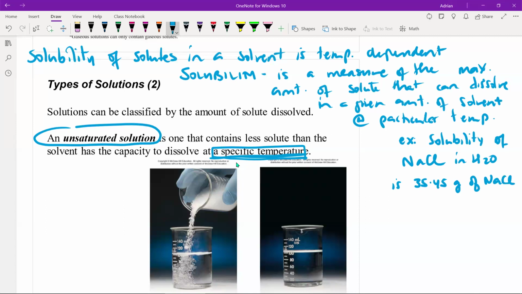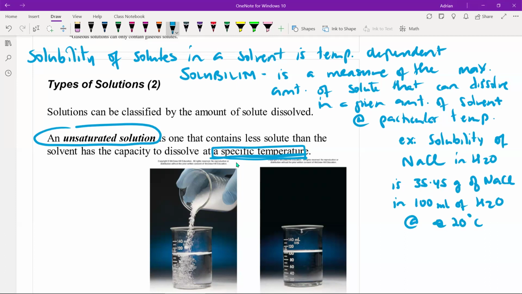We can dissolve a maximum of 35.45 grams of NaCl in 100 grams of water, or 100 mils, so in this case it's a volume, at, let's say, 20 degrees Celsius.